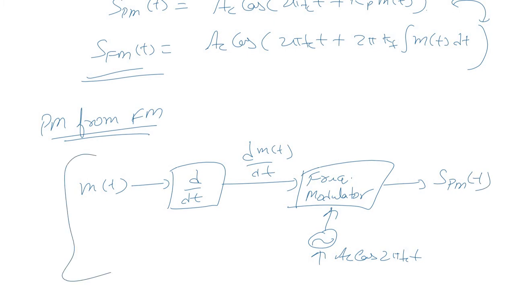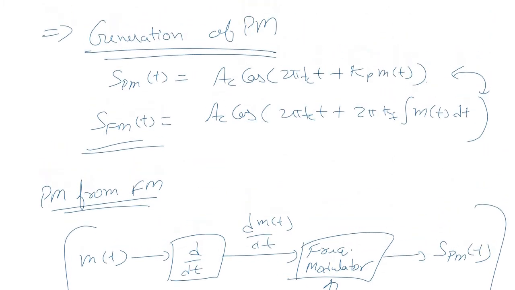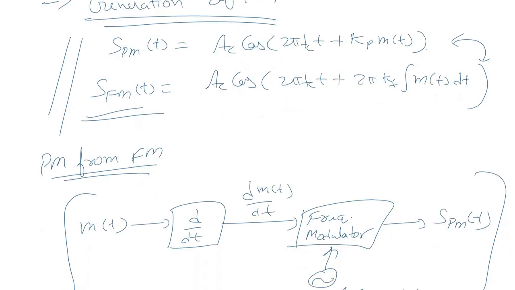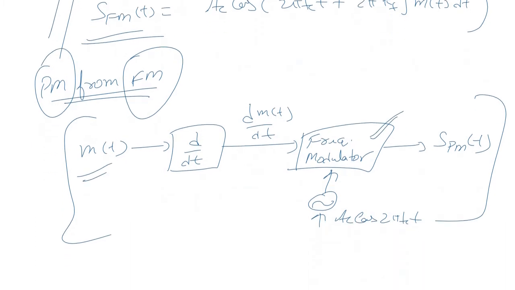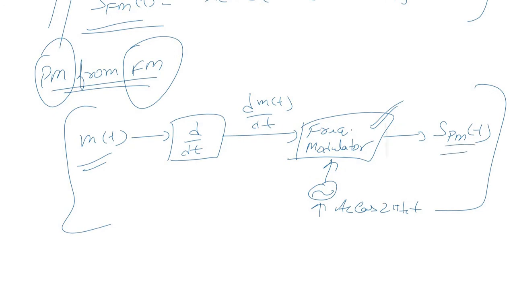Now we can easily correlate this method with these two standard expressions given. So in this manner we can generate the PM signal using the FM signal just by differentiating the message signal and passing it through any frequency modulator.